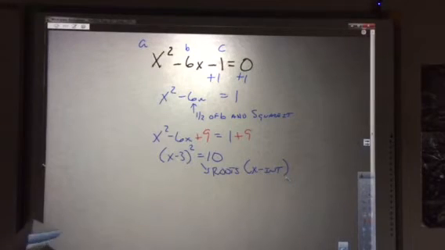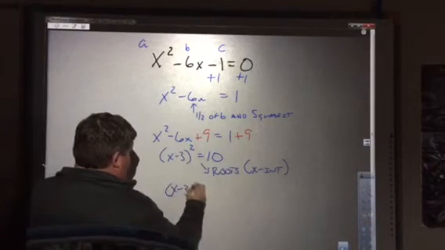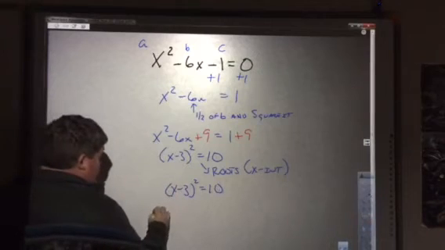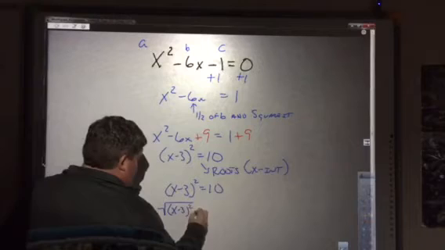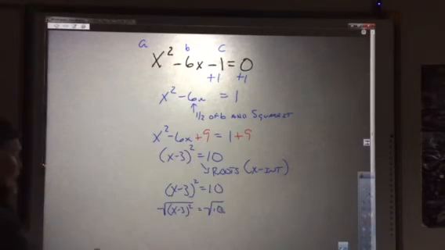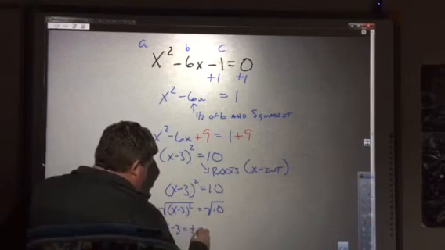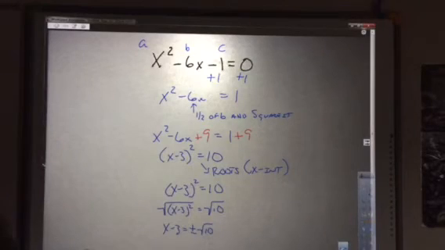So when we do that, we take x minus 3 squared is equal to 10. To get rid of this square, we're going to take the square root of both sides. So this becomes x minus 3 equals plus or minus the square root of 10. And square roots have a plus or minus.